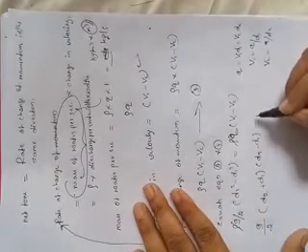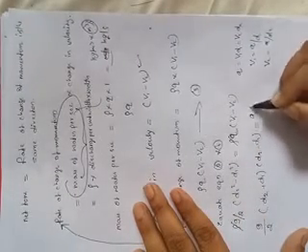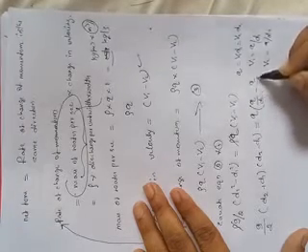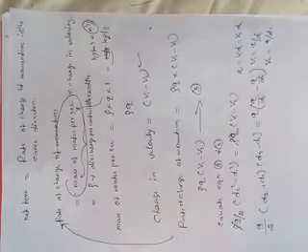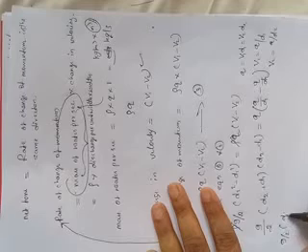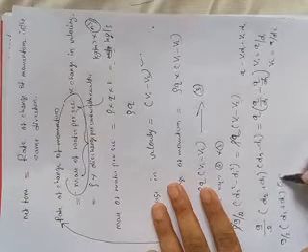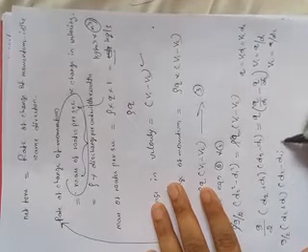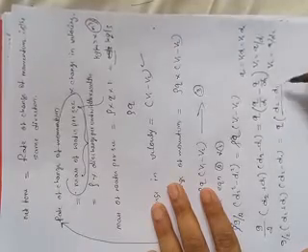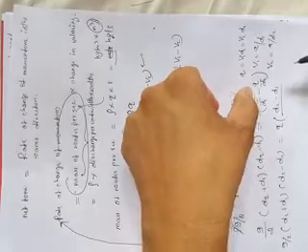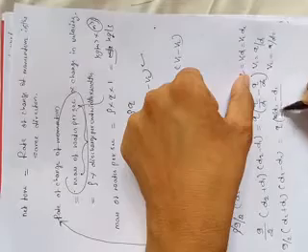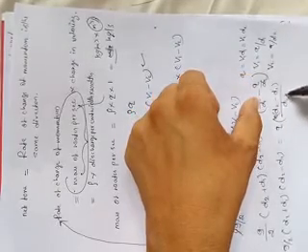This is equal to q into, instead of v1 you can write q divided by d1 minus q divided by d2. Once again you can simplify this: g by 2 into d2 plus d1 into d2 minus d1 is equal to q into d2 minus d1 divided by d1 into d2.